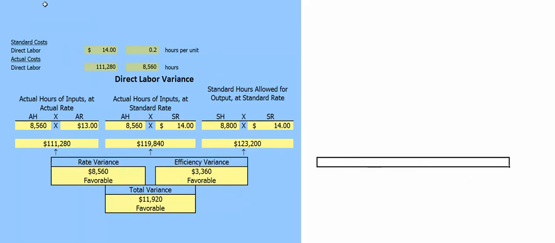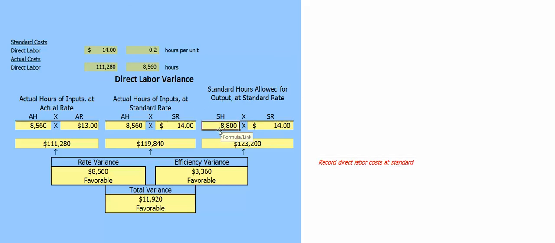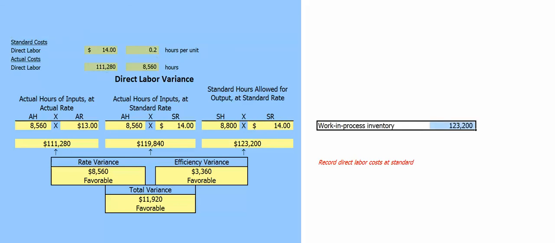Let's go ahead now and take a look at our direct labor variances. Again, our first step is to record our direct labor costs at standard. Our standard hours allowed was 8,800 hours, because again, that was 44,000 units at 0.2 of an hour per unit. And multiply that by our standard rate of $14 per hour.